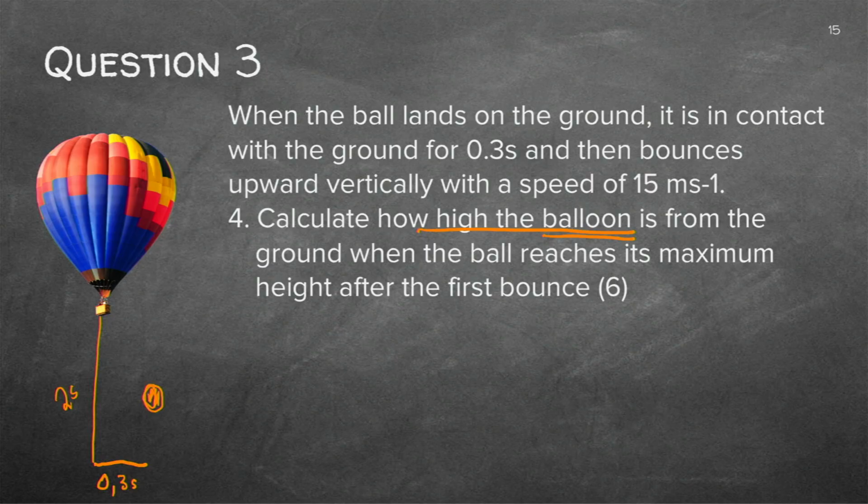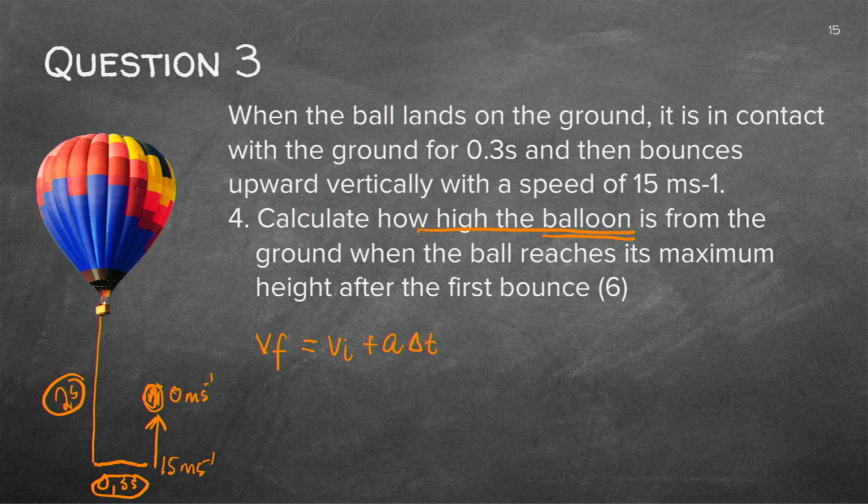The only thing I do not have of the ball is how much time does it take to go from 15 meters per second on the ground to 0 meters per second there. I know that is 2 and I know that is 0.3. So let's do this calculation. We can say the final velocity is equal to the initial velocity plus the acceleration times t.